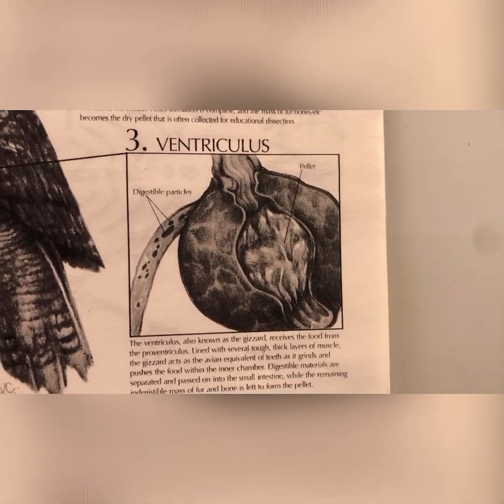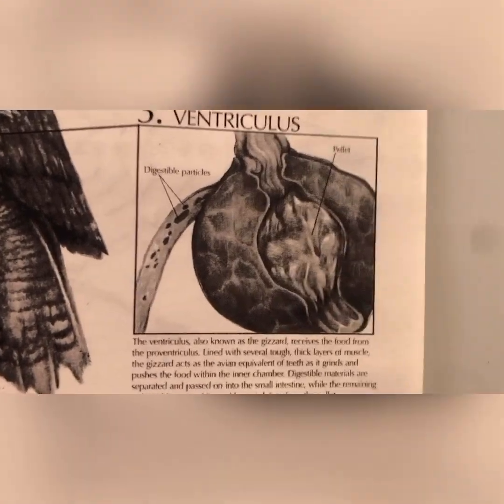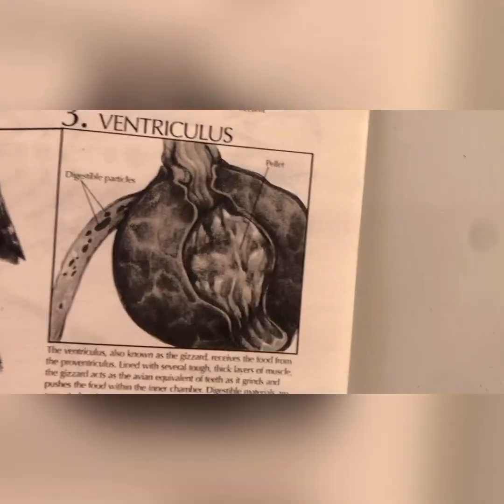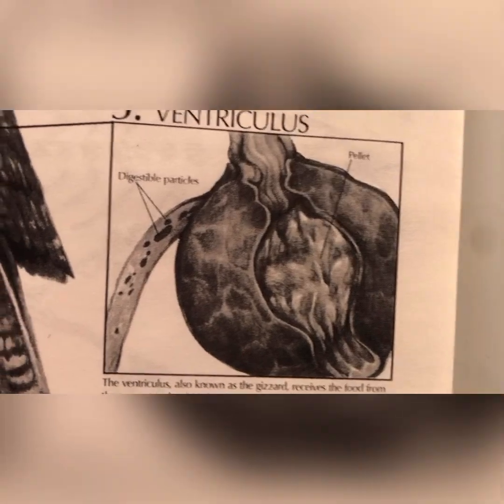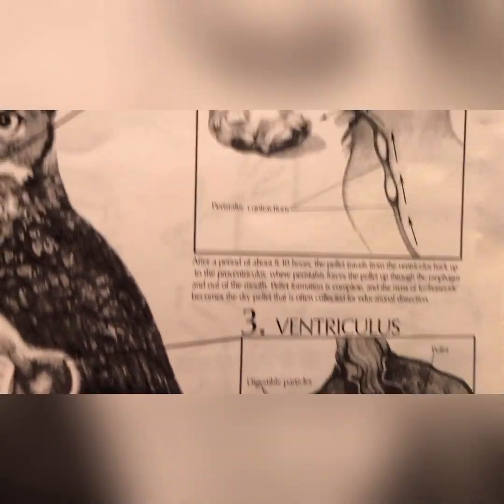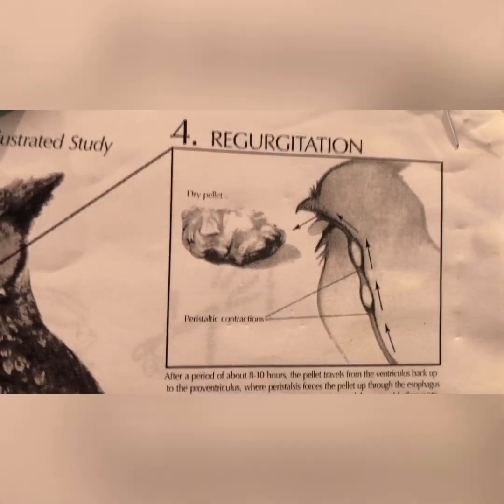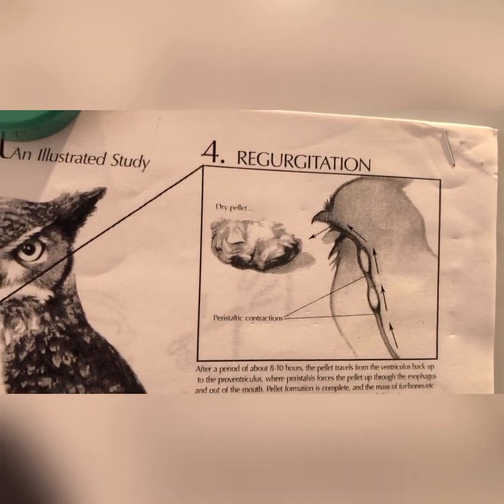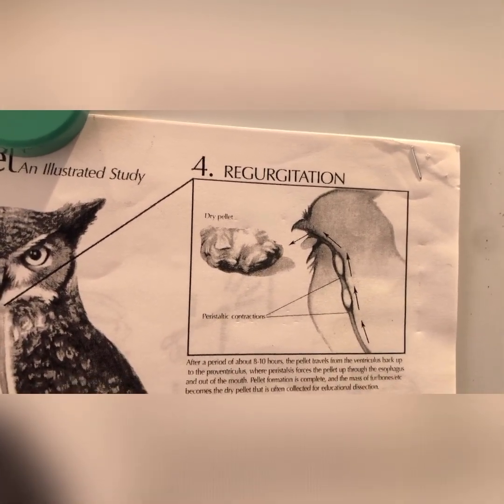After it's been digested, we have some undigestible parts that we need to take care of. The undigestible parts actually form a pellet, and this pellet is regurgitated back through the mouth of the owl.